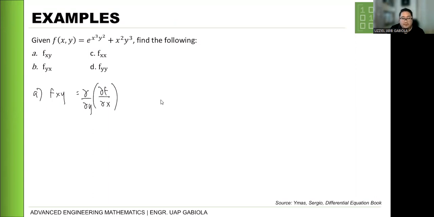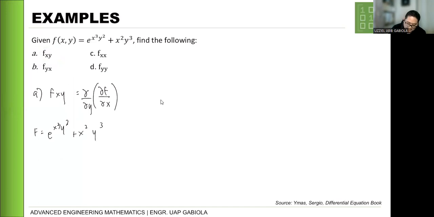Una si y, then kasunod si x. Pero kasi yung ganitong notation na fxy, it pertains dito sa ganitong order, no? Na si x muna before y.